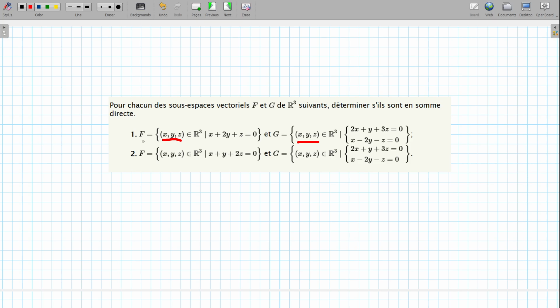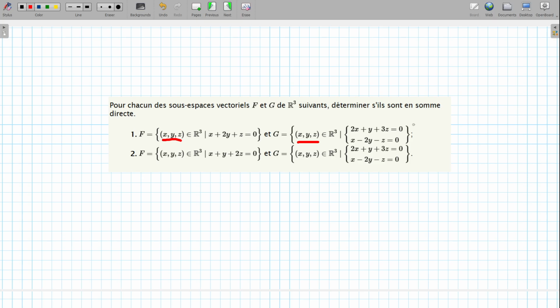So we have to find out whether the zero vector of R3 is in the espace vectoriel F. So if you plug in 0 for x, 0 for y, and 0 for z, you will see that this is going to satisfy this equation that we have here. So we're going to have 0 is equal to 0. So F contains the zero element of the parent espace, which is R3. So we have that F is non-empty.